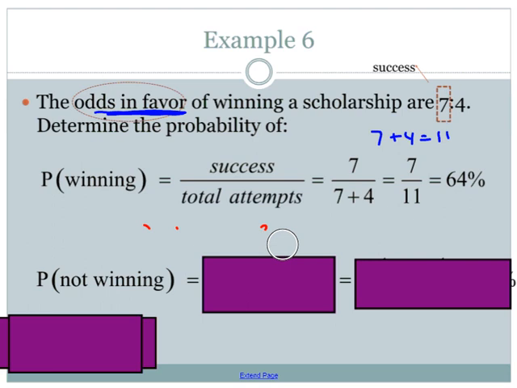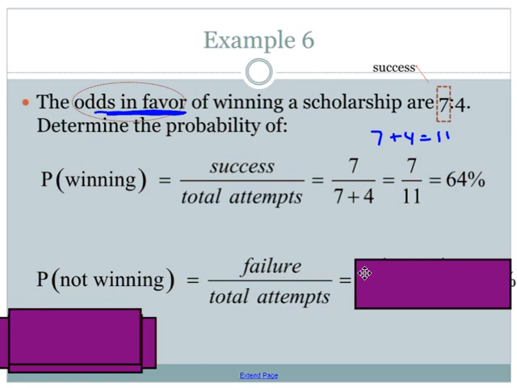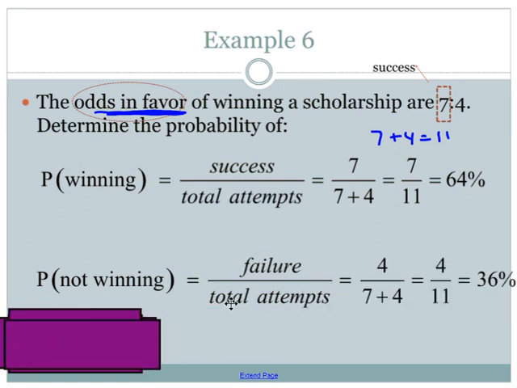If it's a 64% chance that we win, then it's a 36% chance that we don't. But using the odds, we'd say there are 11 total attempts, and 4 of those are not wins. So 4 out of 11, or 36%.